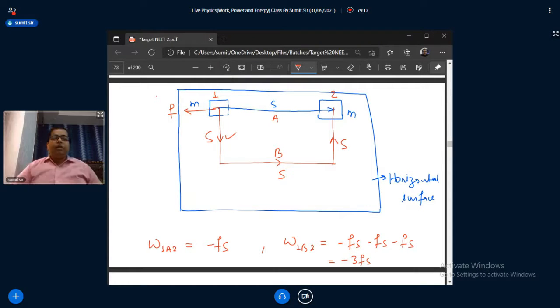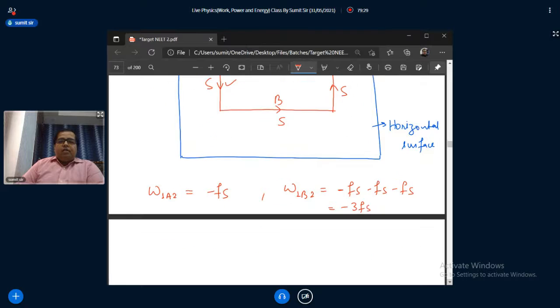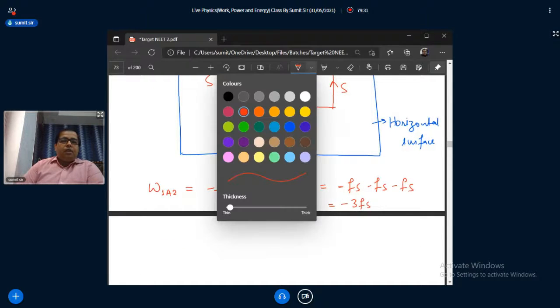So we can observe here that when the path is changed from A to B, the work done is also changed. But here your initial point 1 and final point 2 are both same. So we can say the work done is dependent on path.